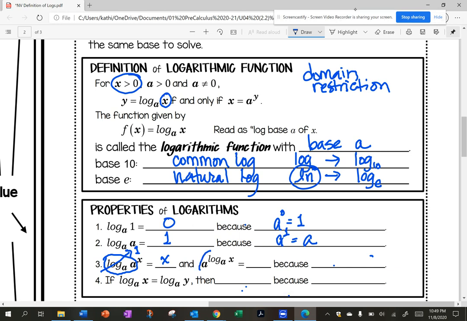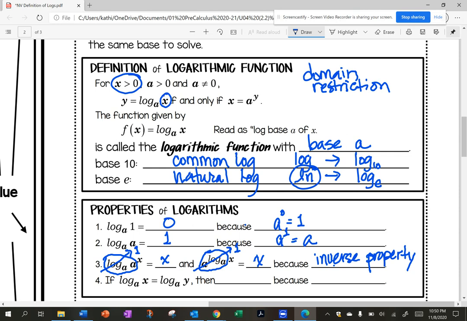And it doesn't matter what order I have it in. When I have both of them together, one undoes the other, because these are the inverse property. So exponential functions and logarithmic functions are inverses of each other.